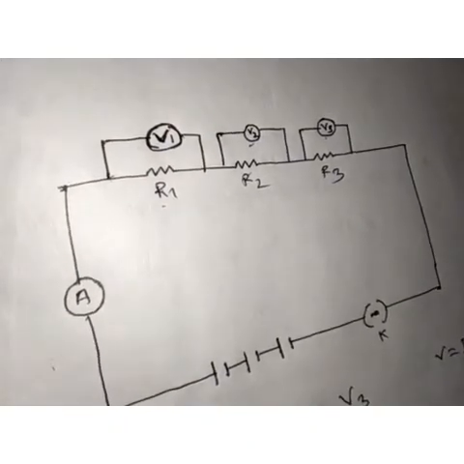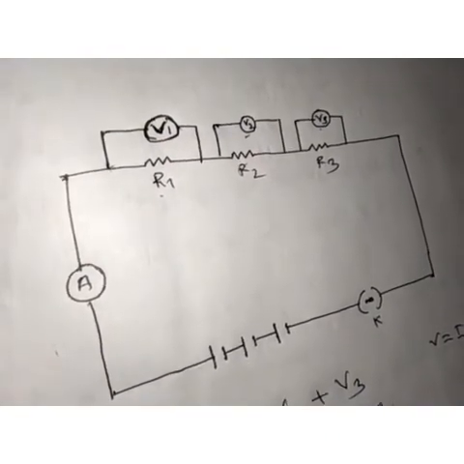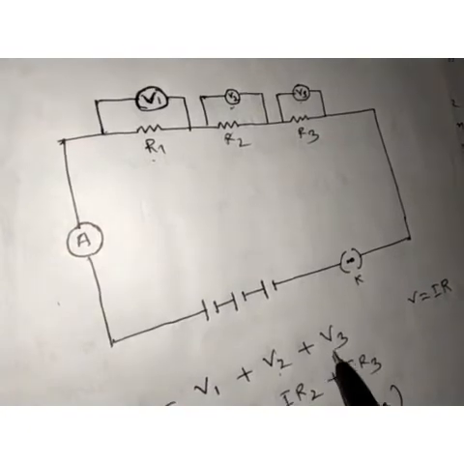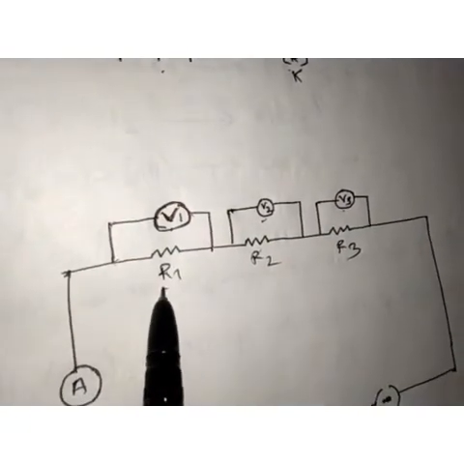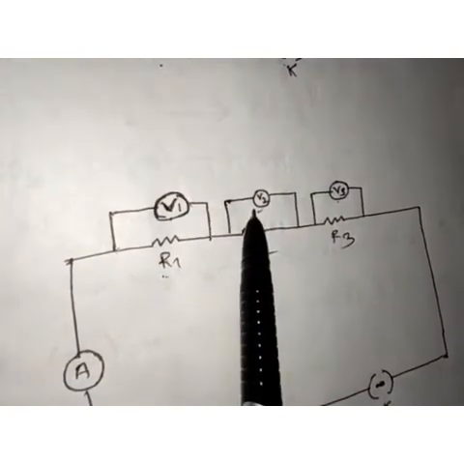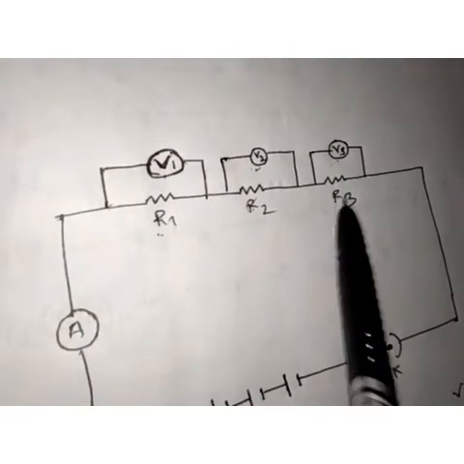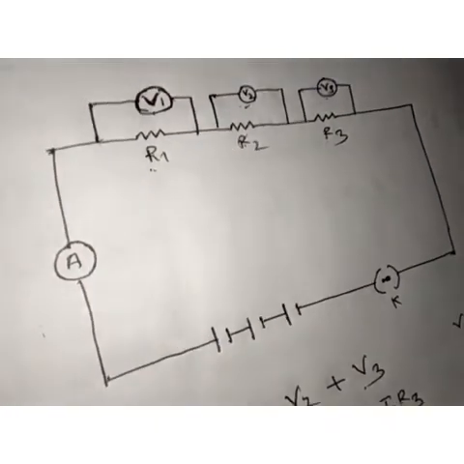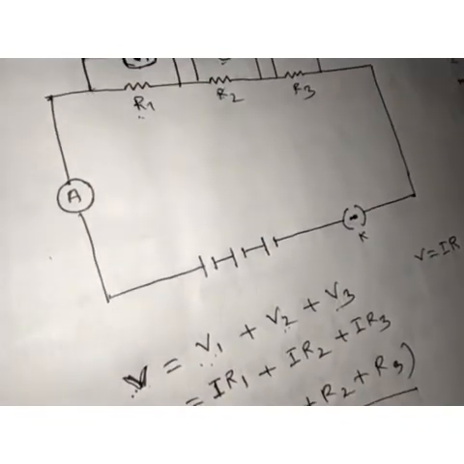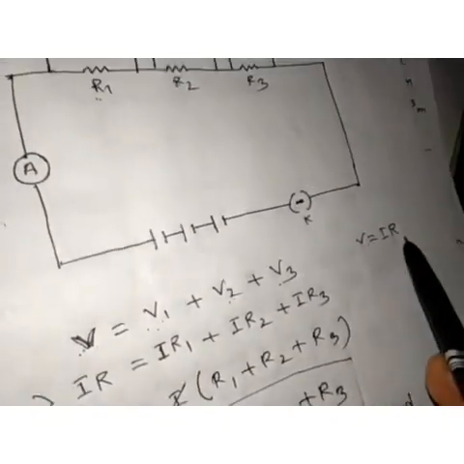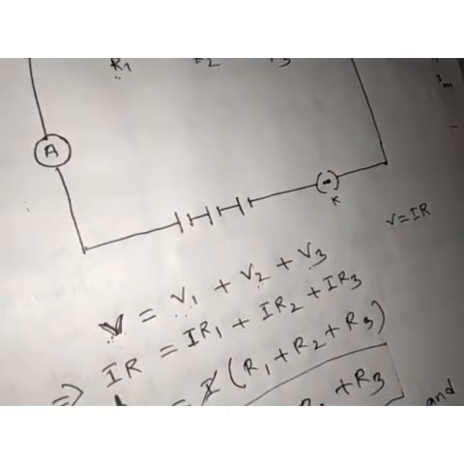Here we have written V for the equivalent potential difference, V1 plus V2 plus V3, because V1 is the potential difference on R1, V2 on R2, and V3 on R3. So V equals V1 plus V2 plus V3, but we know that according to Ohm's law, V equals IR. Then in place of V, we can put IR.